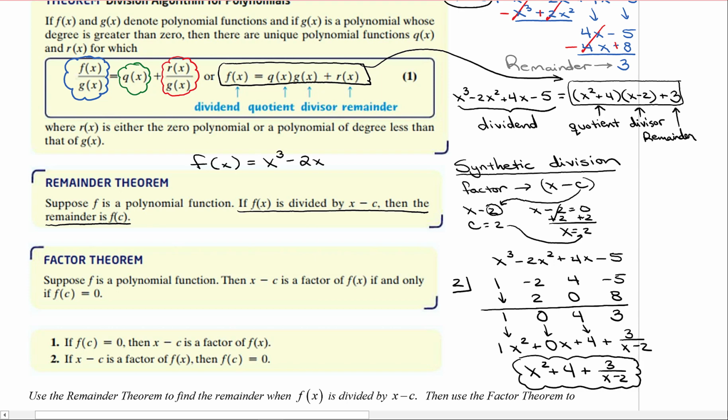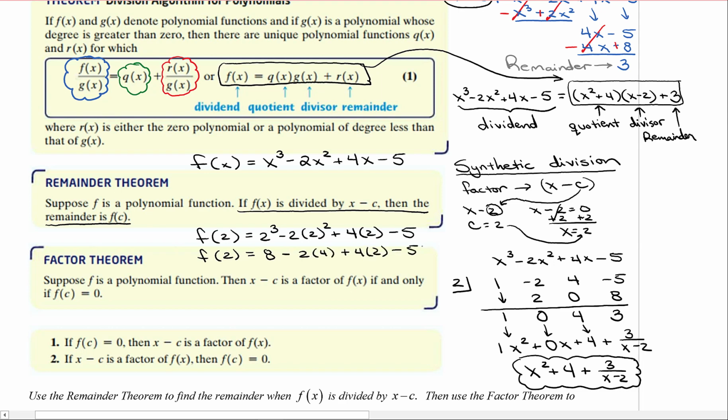So in this case, our f of x was x squared minus 2x squared plus 4x minus 5. So let's say I want to know what f of 2 is. I plug in a 2 every time I see an x, and I simplify it. And then this is when it simplifies all out.